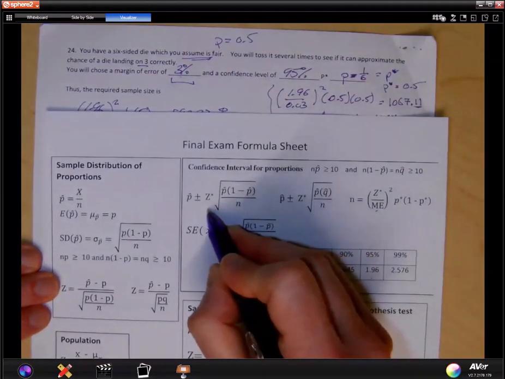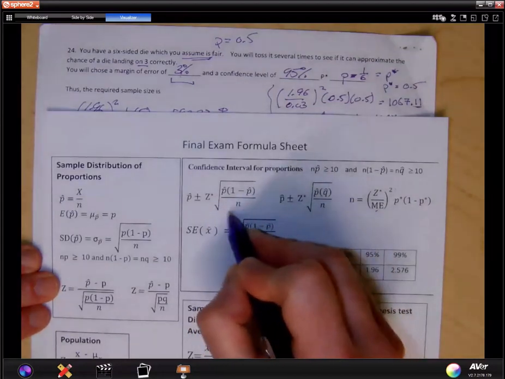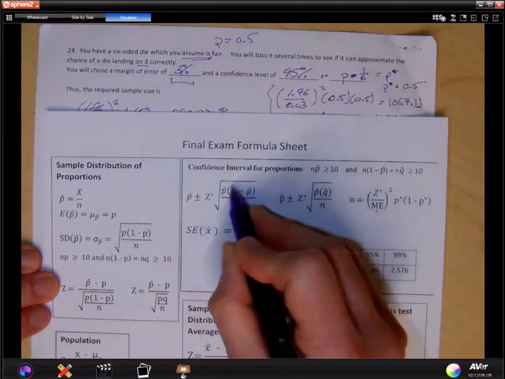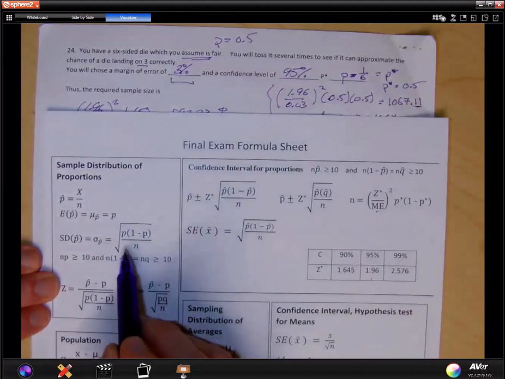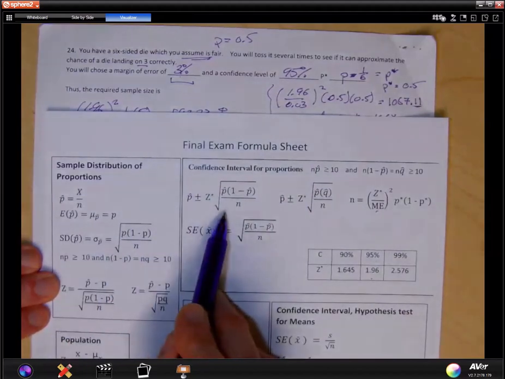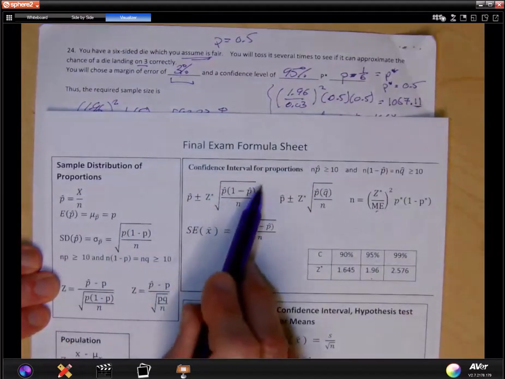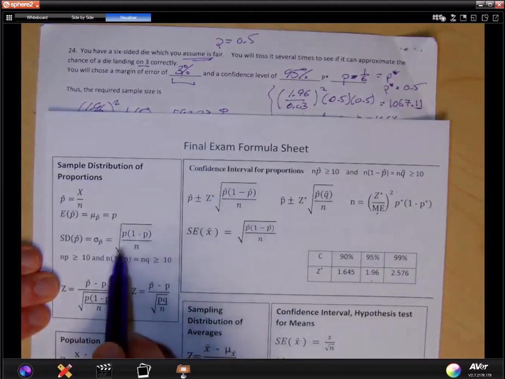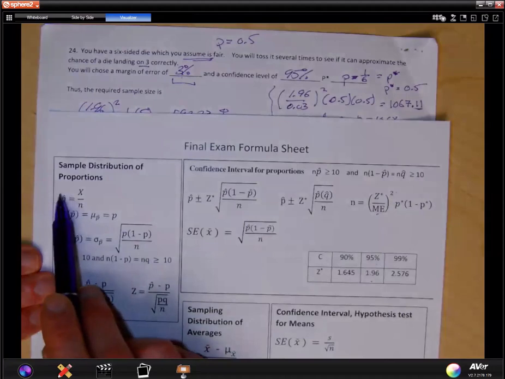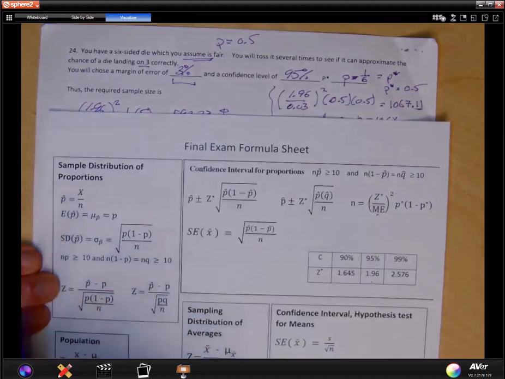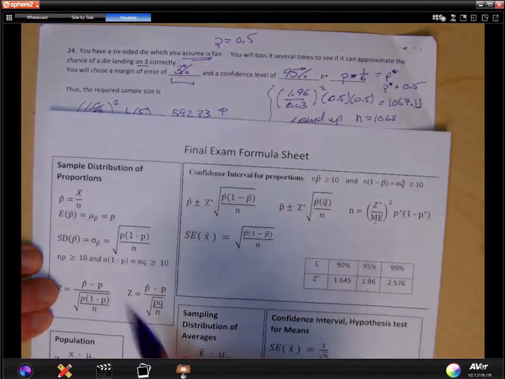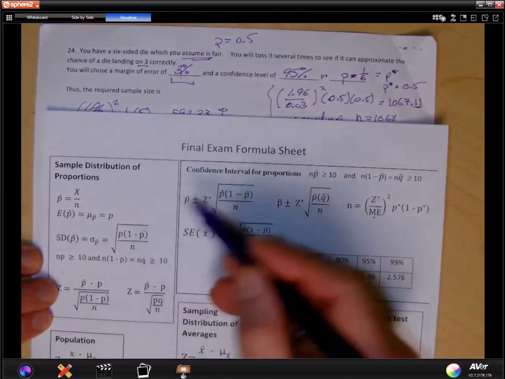Well, the standard error measures the variability of p-hat. If I go to standard error, it means I don't have the actual value, it's an approximation. The real value is right here, which is the standard deviation. So the standard deviation measures the variability of my statistic, this one right here. And as n goes up, the variability goes down.